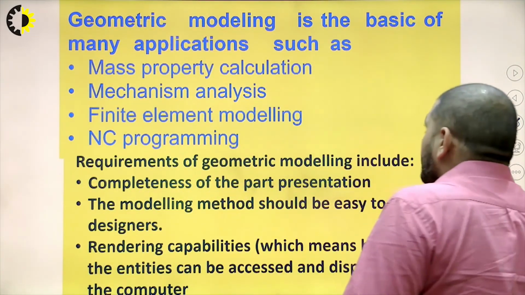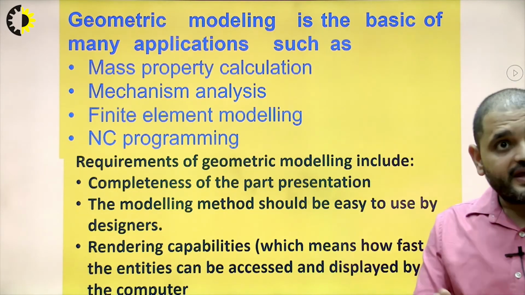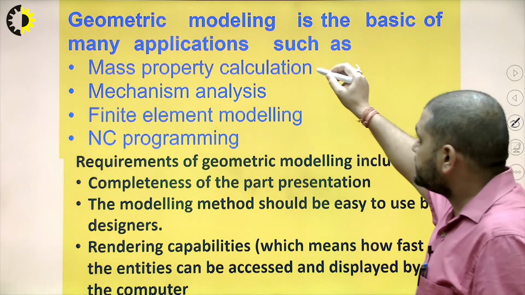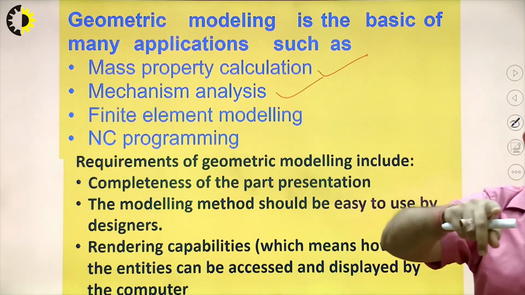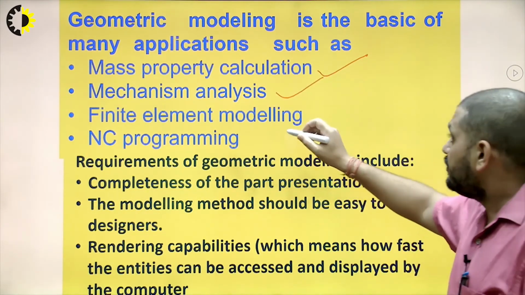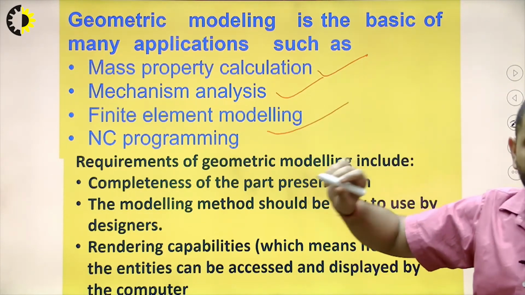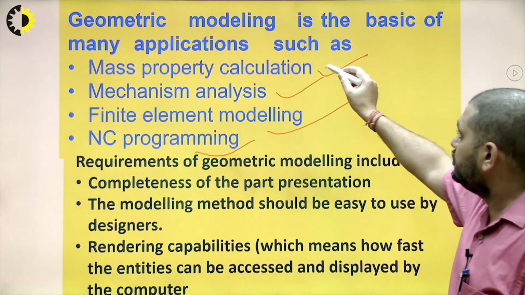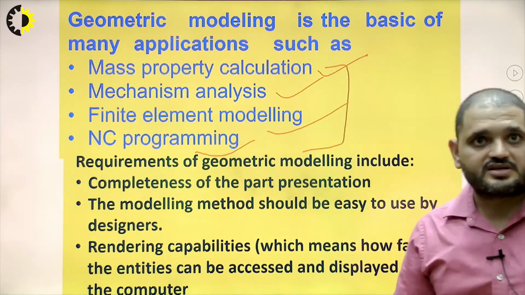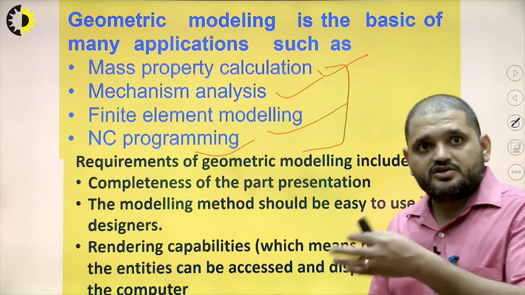Now, what are the applications? Mass property calculation, mechanism analysis, that is the kinematic part that I have already discussed, finite element modeling, and NC programming. So using geometric modeling we do all these 4 processes. These are the applications of geometric modeling.